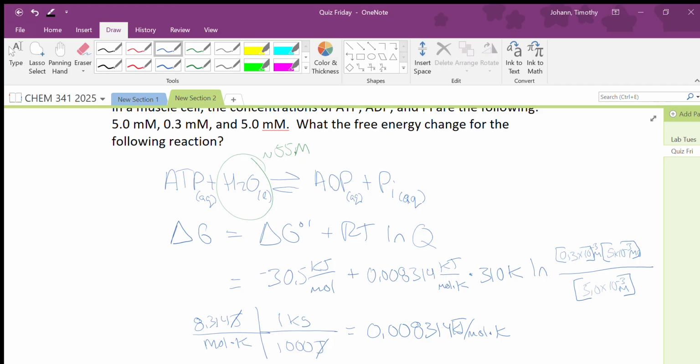All right, so now I can actually remember that. What I can't remember is I forgot to bring my calculator. So I'm going to go ahead and just scoot out to Google. Let's see if Google can handle this. So I'm going to do 0.3 e to the negative 3 times 5 e to the negative 3 divided by 5, which was going to, oh gosh, it's easy, isn't it?